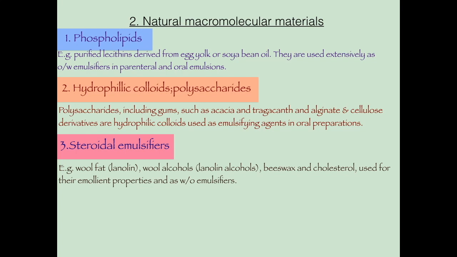They are sometimes modified to produce oil in water emulsions. For example, a series of non-ionic water-soluble lanolin derivatives that promote the formation of oil in water emulsions have been produced commercially by reacting lanolin with ethylene oxide.